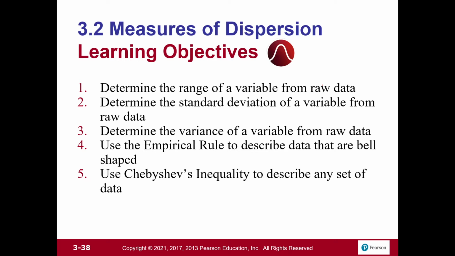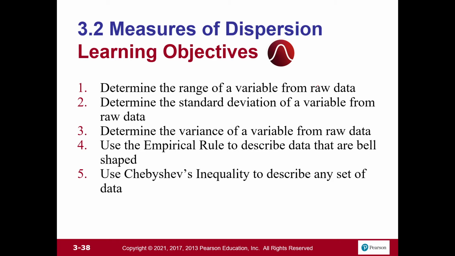Now it turns out the range is not that resistant, so there's another measurement of spread that's more robust. That's the standard deviation. And there's also something called the variance.